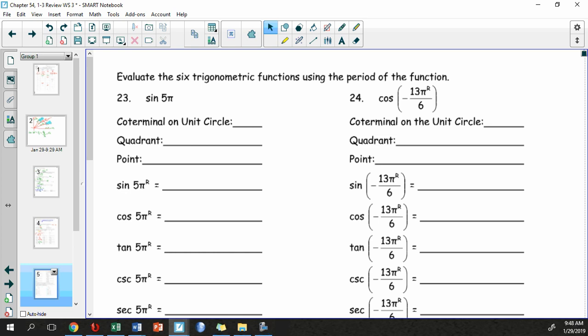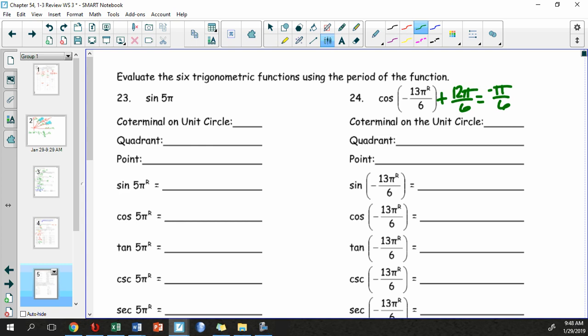So it's negative 13 pi over 6. Instead of subtracting, what am I going to do? I'm going to add 12 pi over 6, which is 2 pi. So what's negative 13 pi over 6 plus 12 pi over 6? Negative pi over 6. Hey, is that on my unit circle yet?